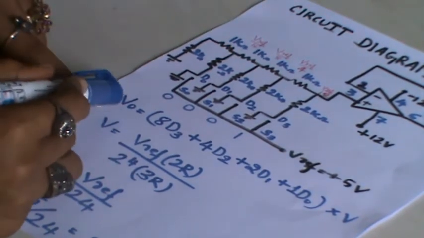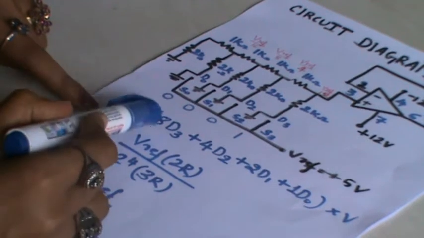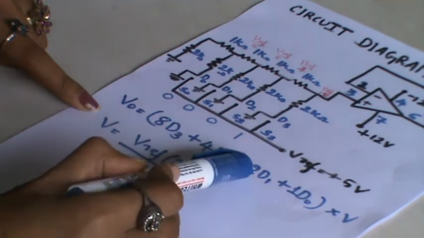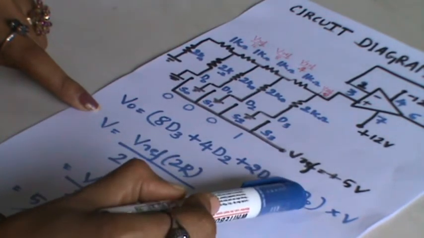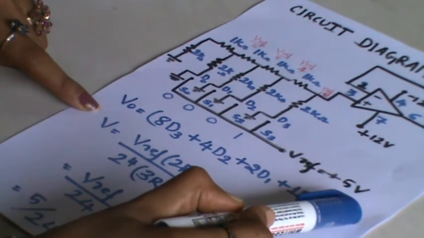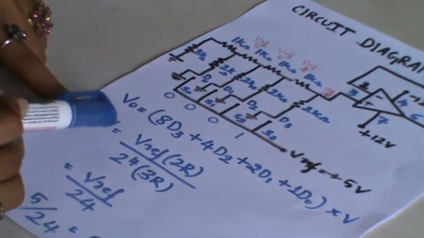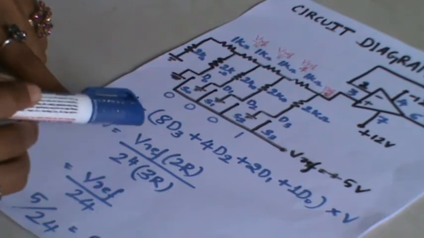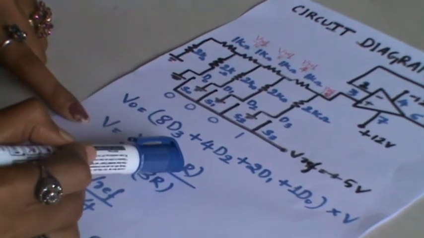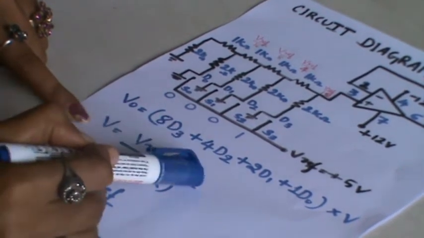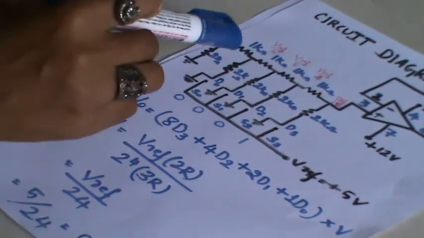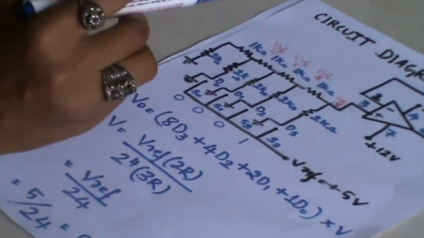If you are calculating the output voltage, the formula is 8 into D3 plus 4 into D2 plus 2 into D1 plus 1 into D0, into the total voltage. This total voltage is calculated with the help of the voltage divider rule, that is V reference into 2R, that is 2 kilo ohm resistors, divided by 2 to the power 4, as R2R DAC is a 4-bit DAC.